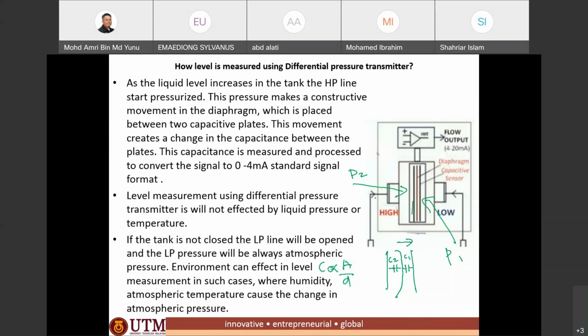So due to the pressure of P2, capacitance C2 will decrease, and C1 will increase. Those capacitance changes will be calibrated to measure the pressure difference between P2 and P1. That's how the diaphragm capacitive sensor is used to measure the pressure difference.